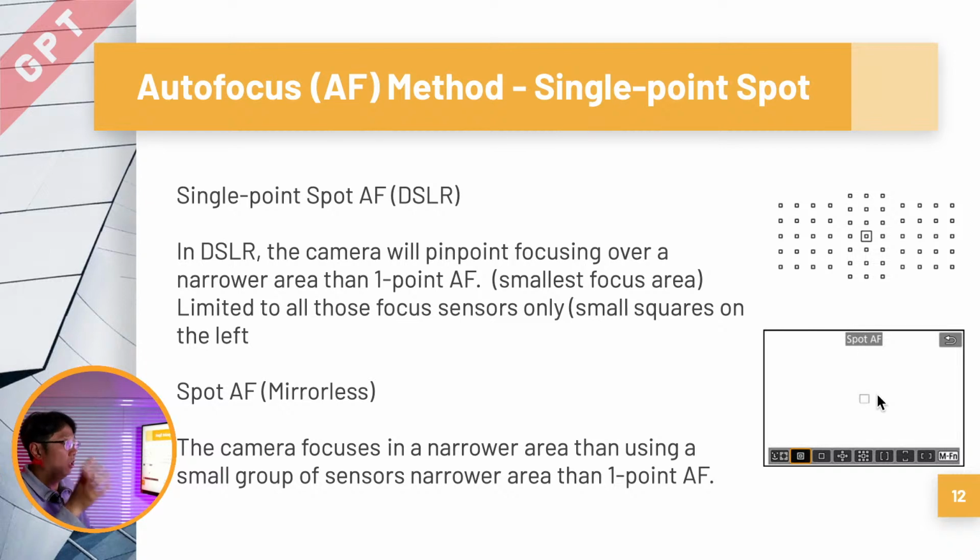If you can focus really quickly and move your camera really accurately, then it's okay. You can try using this spot AF to put that box on that person's eye to narrow down to only that eye. But I could say it's a little bit difficult to do.